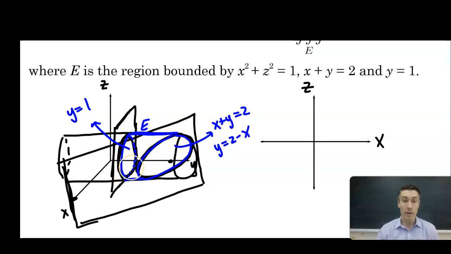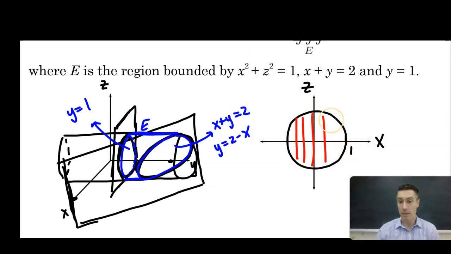It's going to be defined by the side surface, we'll call it, which is the cylinder. So here, that shadow is just going to be the circle of radius 1. And again, we can do it as a type 2 two-dimensional region, but let's just stick with type 1. I don't think there's any disadvantage there. So the top half of this circle is z equals the square root of 1 minus x squared. The bottom, z equals negative square root of 1 minus x squared.